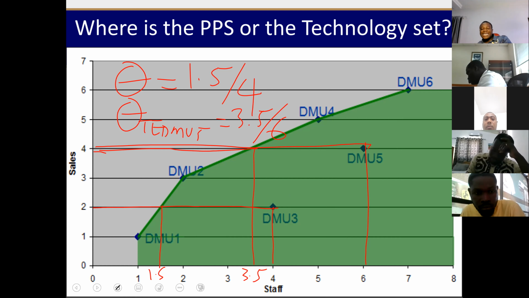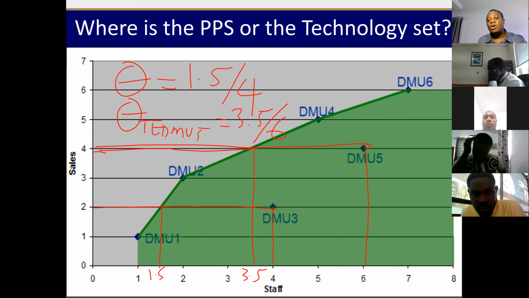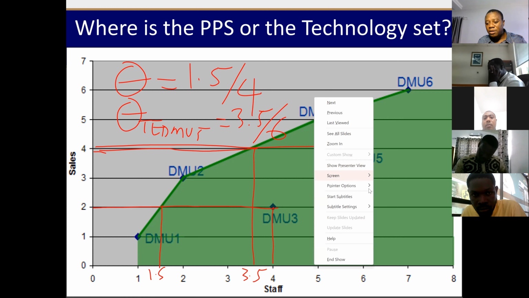The key point is your ability to understand how the computation is done. Keep this in your memory. It's very critical. Remember that what we are doing is using technical efficiencies, so these are efficiency scores. You want to understand that it is different from productivity scores.